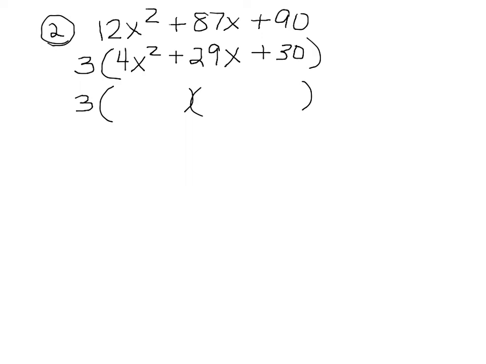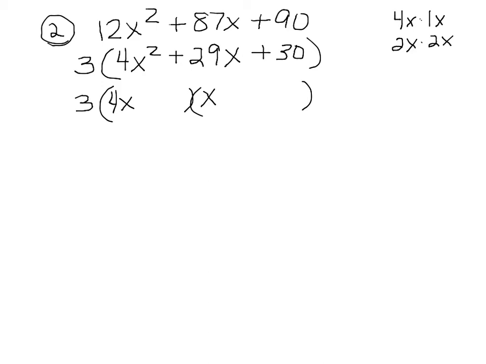And I have to know that I could do 4x times 1x to give me 4x squared, or 2x times 2x, that will also give me 4x squared. Since I came up with 4x and 1x first, I'm going to try that first. Remember, 1x and x are the same.